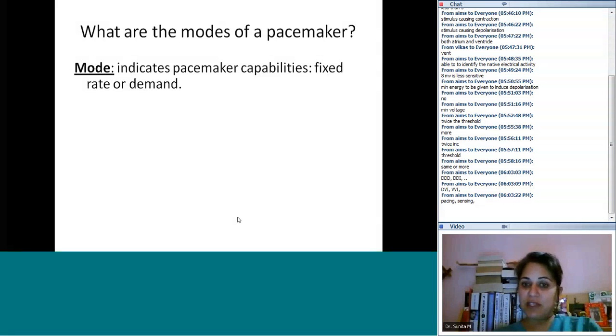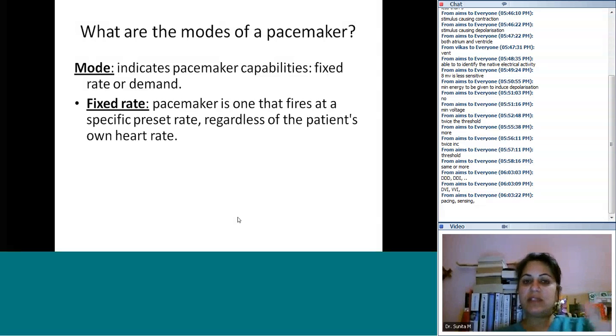So it's either a fixed rate or a demand. Fixed rate means that the pacemaker will fire at a specific rate regardless of the patient's own rate. And this is what will determine for you VVI, DDD, whether you want rate responsiveness, whether you want fixed rate. If you want a pacemaker to fire at just some rate, what kind of mode will you set it in?